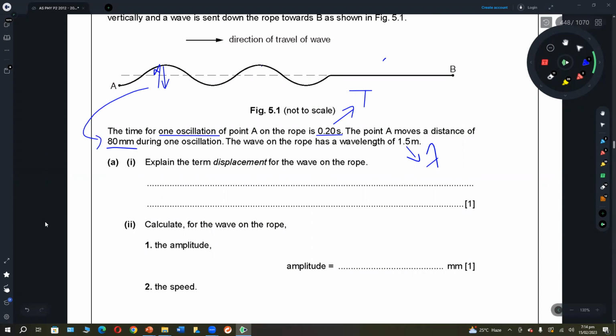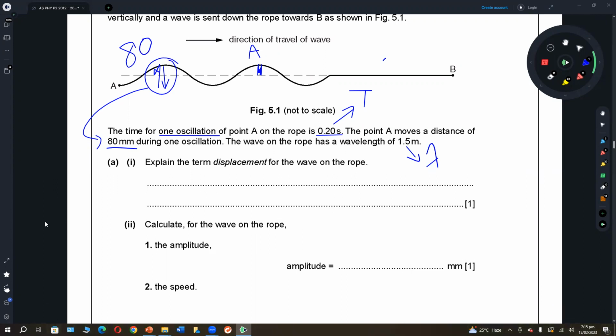And I hope you remember, the amplitude is the maximum displacement from the mean position. The whole journey down and up is 80. So what should be the amplitude?